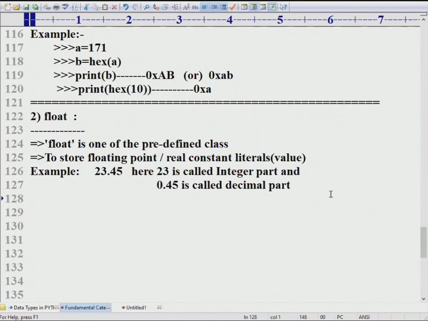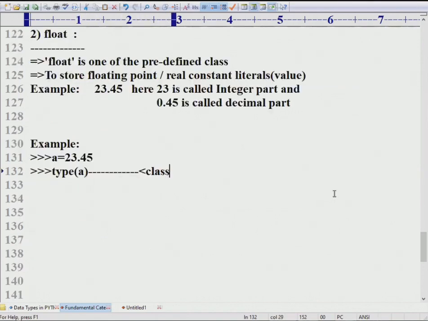Look at it. Here I'm saying a is equal to 23.45. Come on, say type of a. What type is printed? Class float. What is float? A class. What is a?